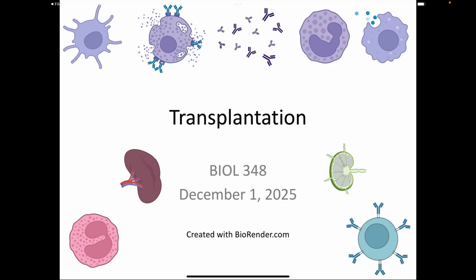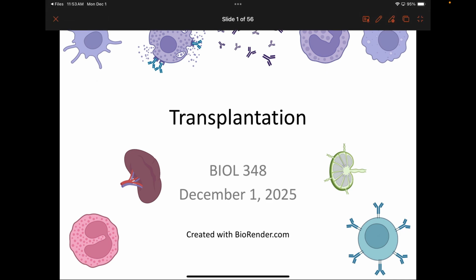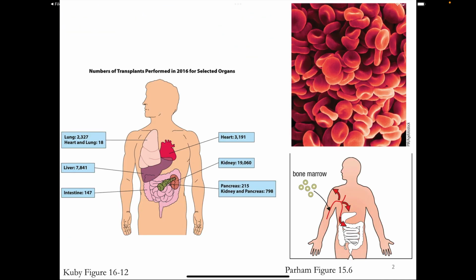All right, so today I'm going to talk about transplantation and transplantation immunology. And I'm going to hope that this works. Okay, so there are a lot of things that one could talk about when one is thinking about transplants and organ transplants.